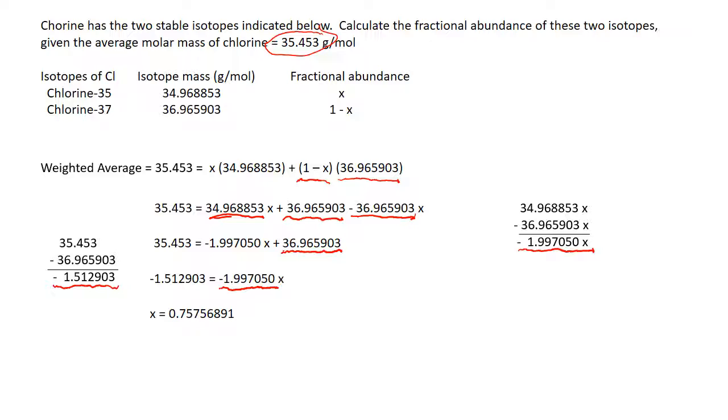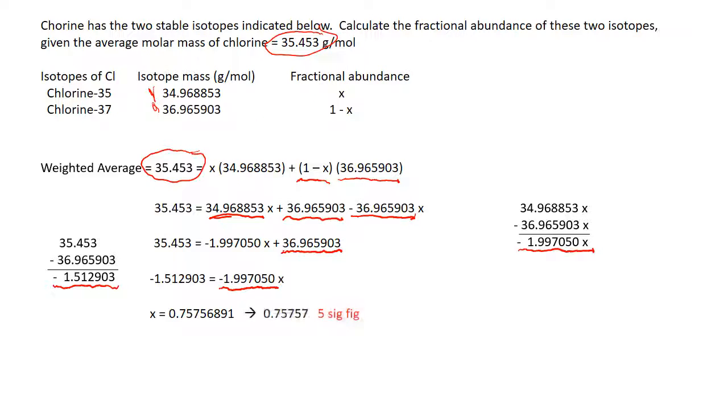But now it's time to round my final answer to reflect the digits of precision that truly exist in my data. I have three components to my data. I have the isotope mass here, and each of those two is precise to 8 sig figs. But then I have this, my weighted average, which has only 5 sig figs. So that's going to limit my precision in x to a total of 5 sig figs.